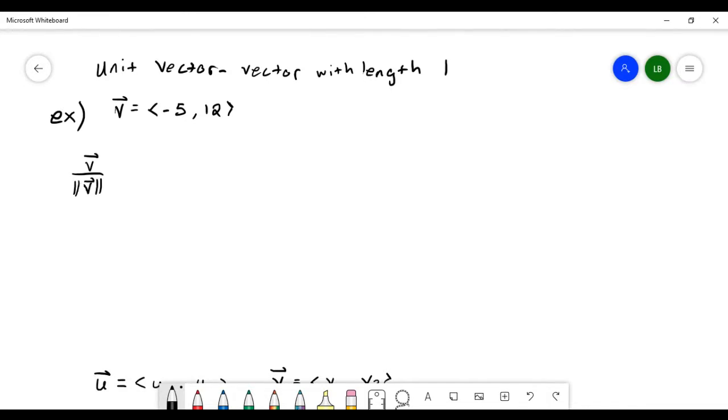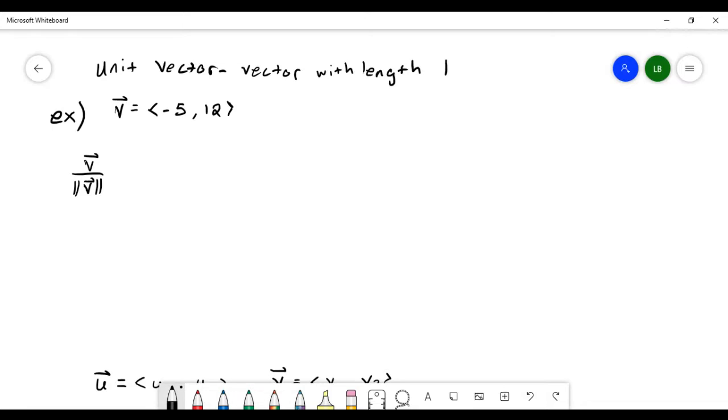Because a vector has two components, magnitude and direction, if we divide by the magnitude, we're dividing by essentially the same length, so that's going to give us a length of 1. But because this vector v already has a direction, we'll be preserving that direction when we divide.